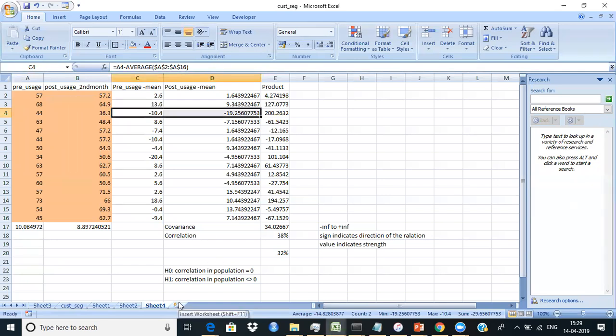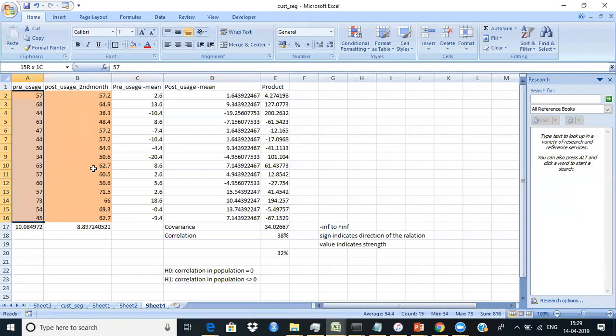So what you do is you go to pre-usage and define what you mean by high, medium, and low. And you go to post-usage and define what you mean by high, medium, and low. Then you create a cross tab.